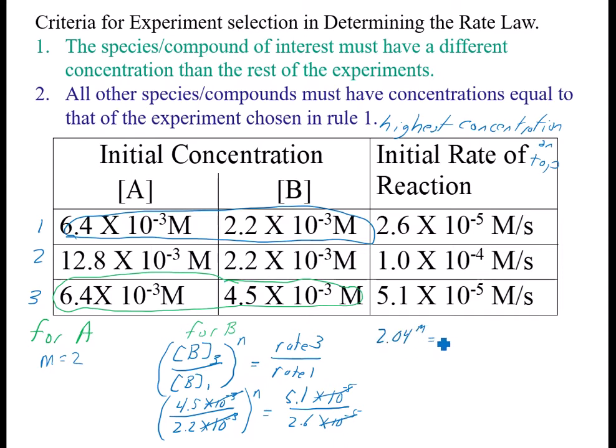And 5.1 divided by 2.6 gives me 1.96. I kind of want these to be whole numbers, so I'm going to say 2 to the n is equal to 2. Oops, these are n, not m's.